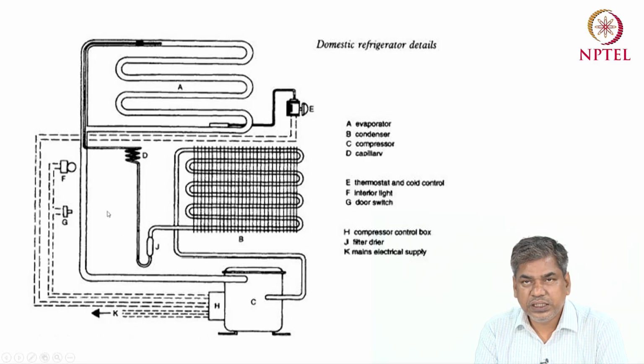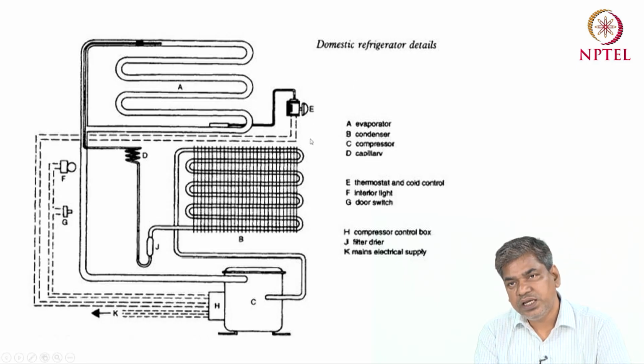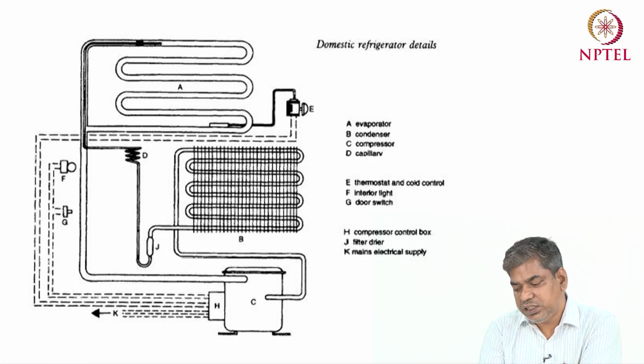In this case, the thermostat will indicate the inside temperature of the refrigerator, and based on that inside temperature, the system can be on or off. By this way, the capacity of the system can be changed.